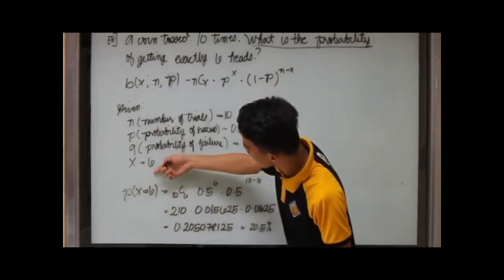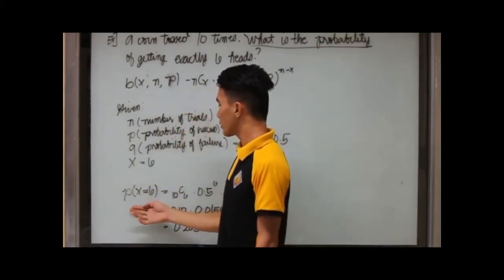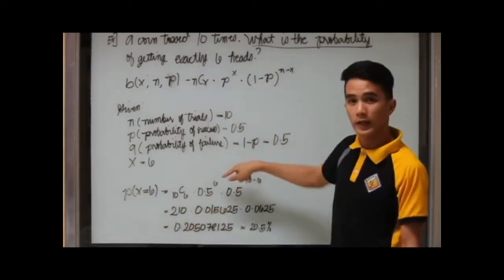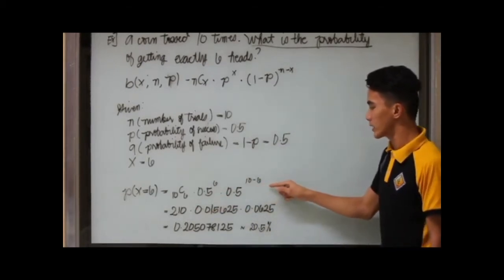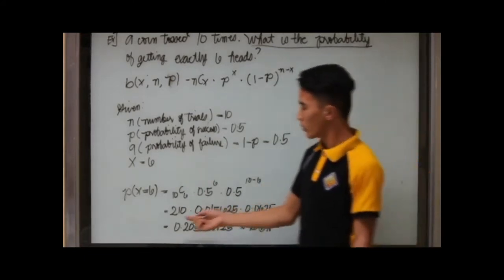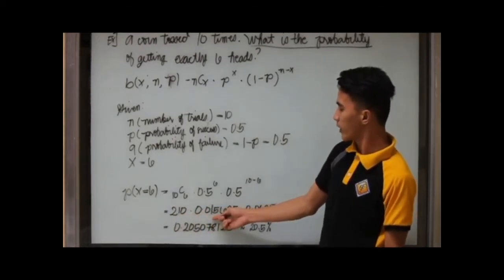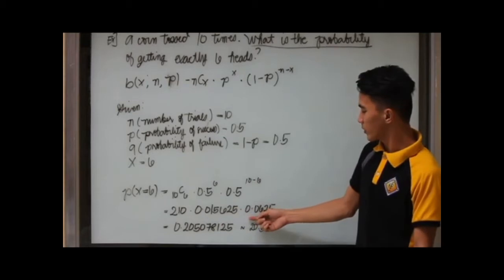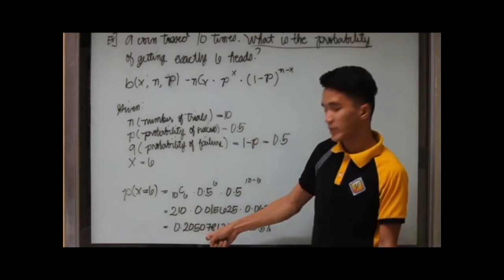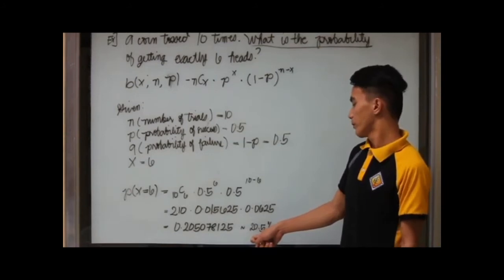Inputting our variables in the formula, P of X equals 6 is equal to 10C6 times 0.5 raised to 6 times 0.5 raised to 10 minus 6, which is equal to 210 times 0.015625 times 0.0625, which is equal to 0.205078125 or 20.5%.